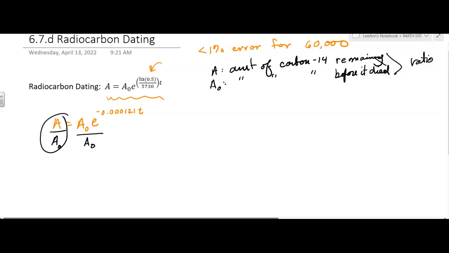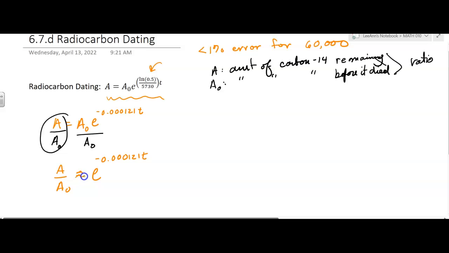Now they do a good job explaining it in the textbook. I don't know that much about carbon-14 dating. But then we have this A over A naught equaling, approximately, e to the negative 0.000121t.